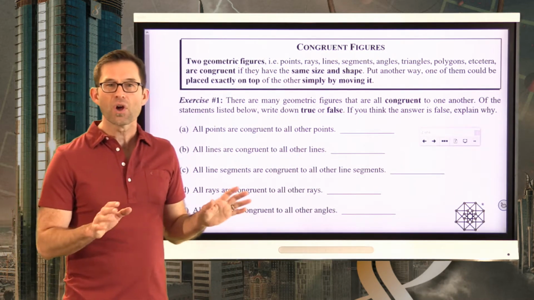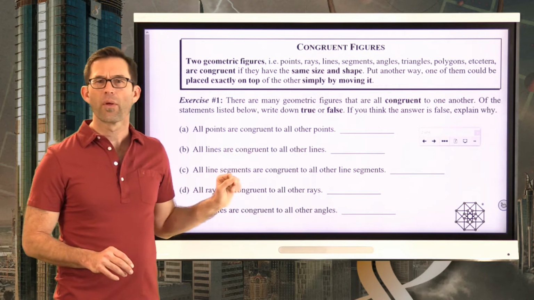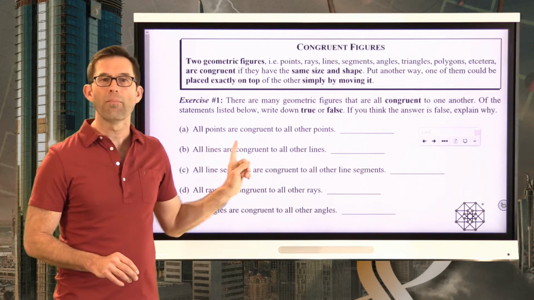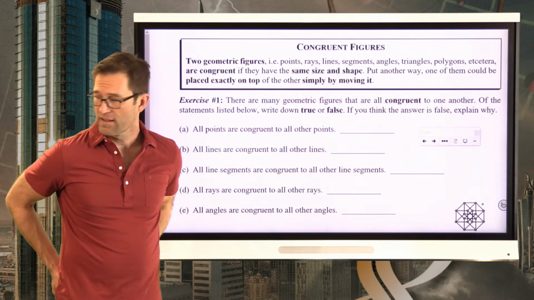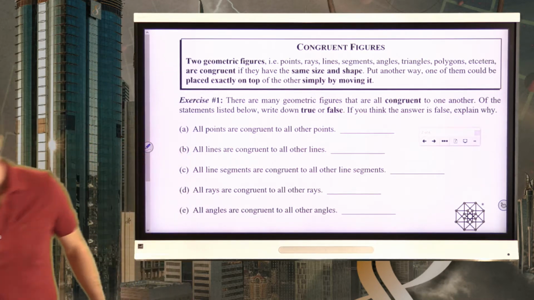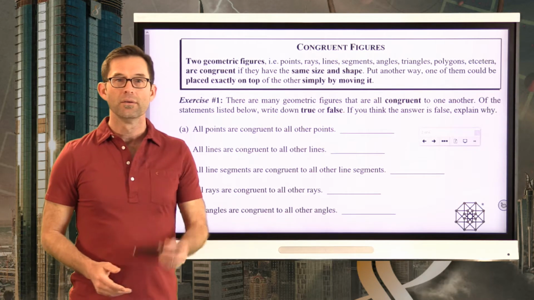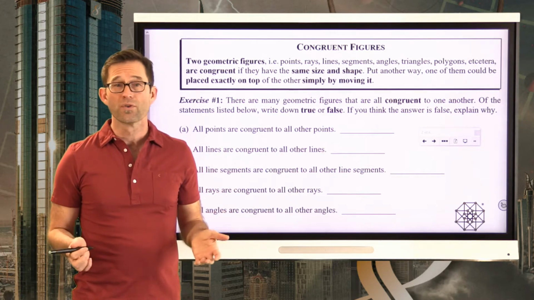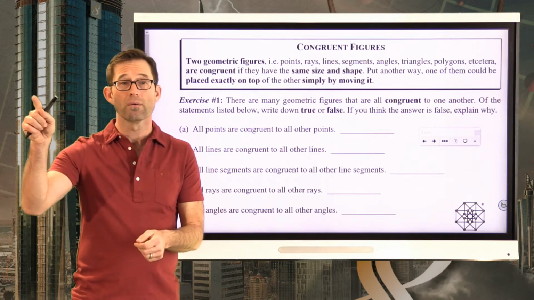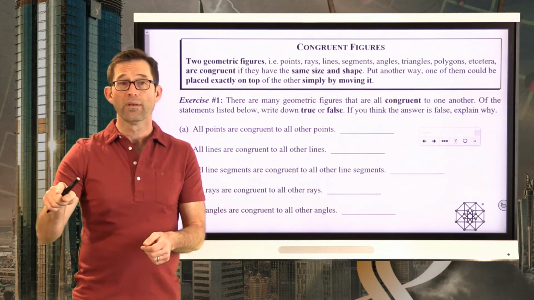Again, let's talk about letter A and figure out whether it's true or false. Letter A says all points are congruent to all other points. Well, that is a true statement. Imagine having a point right here and another point down here.